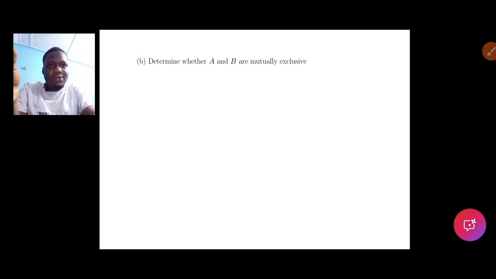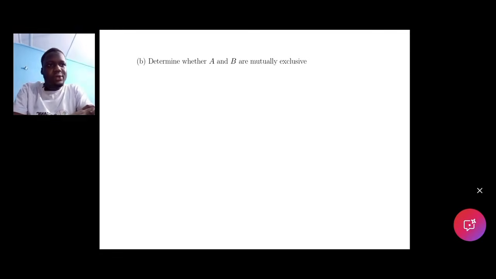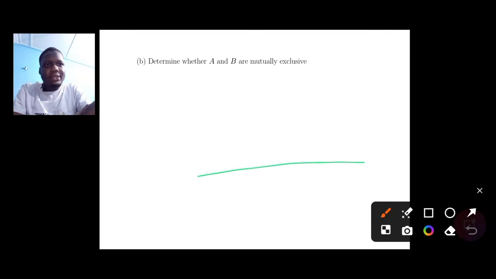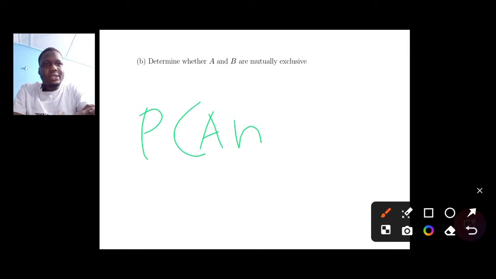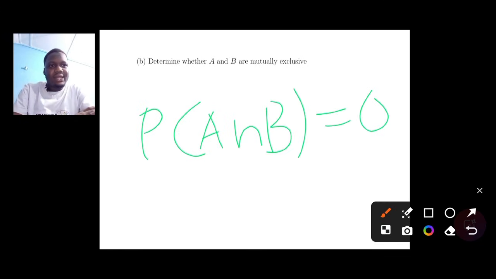Okay, so there's a follow-up. Determine whether A and B are mutually exclusive. Okay, good. So we know that for mutually exclusive events, P(A intersection B) is 0. And clearly, P(A intersection B) was not 0.